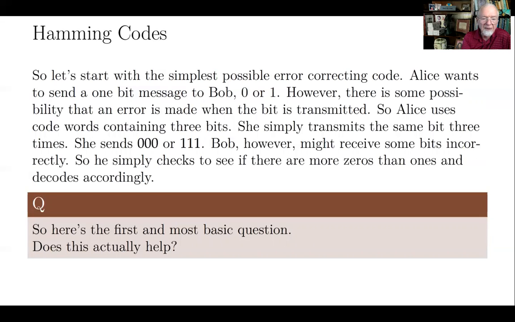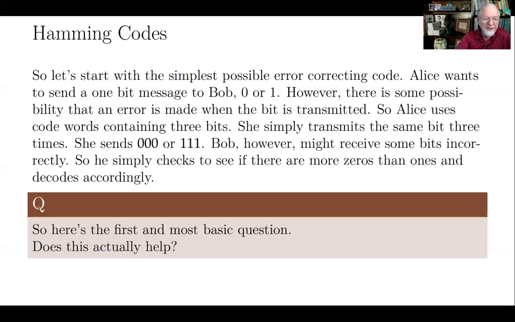Bob could receive the bits incorrectly. He could get a 0, 1, 0 or a 1, 0, 1. So he simply checks if there are more zeros than ones or more ones than zeros, and decodes accordingly. If there's more zeros than ones, then he says it's a 0, 0, 0. And if there's more ones, then he assumes it's a 1, 1, 1. And therefore he gets a 0 or a 1 bit of information.